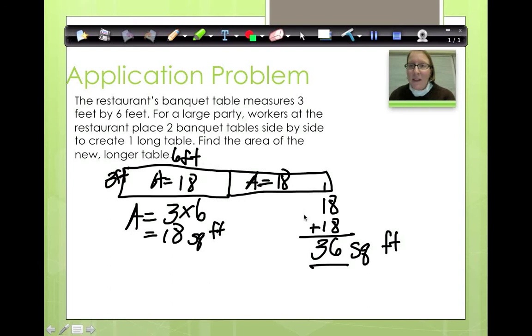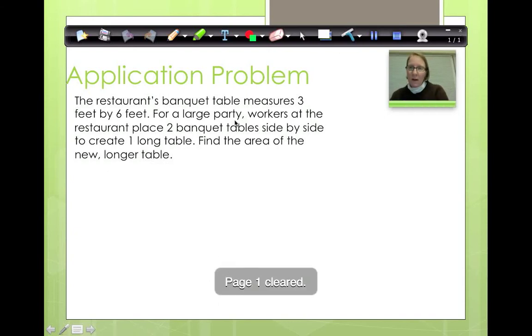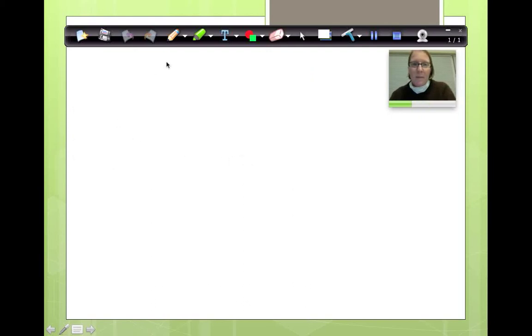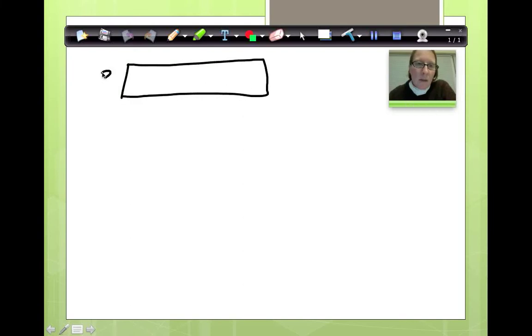Now, let's keep talking about these numbers. We're going to move on. This time, we're going to talk about the fact that we had one long rectangle. This side was 3, and this was 12. And we know that 3 times 12 would give us the area.